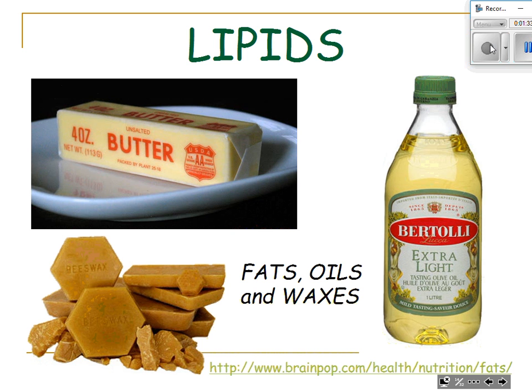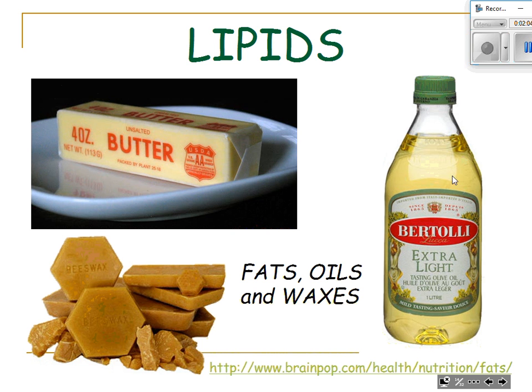A final one is, give me an example. Would that be nice to know? An example of what a lipid is. Those are our objectives: what it's made of, what its monomer is, what an actual example is, and how we use it. We should know all of those things with lipids also.